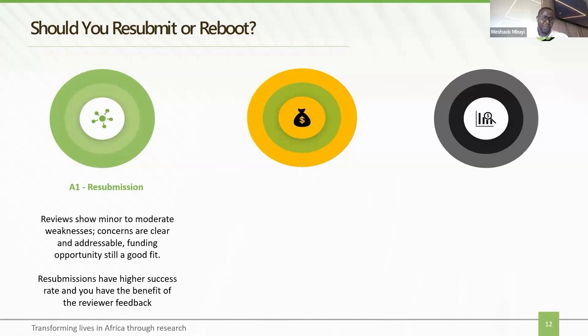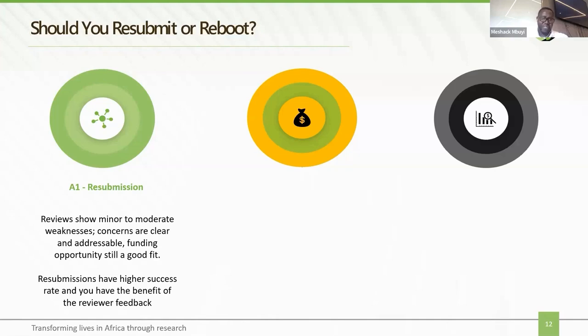So A1, when do you decide to do a resubmission? You do a resubmission when reviews show minor to moderate weaknesses, when concerns are clear and addressable, when the funding opportunity is still a good fit.